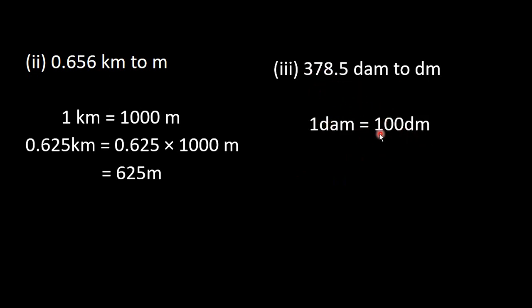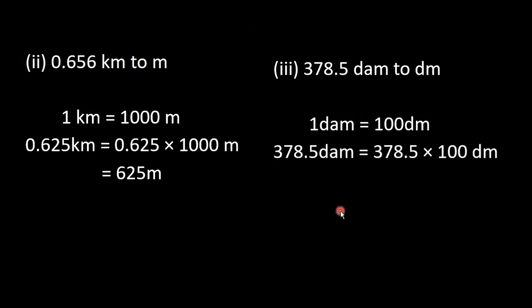If 1 is 100, then 378.5 will be 378.5 times 100, which will give us 37,850 decimeters. So that is how you can convert those units.